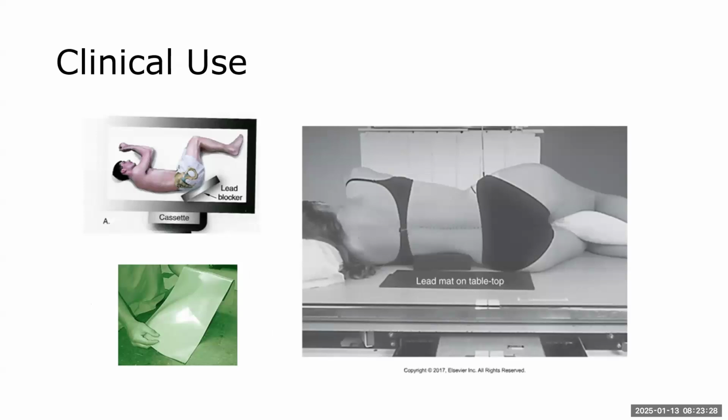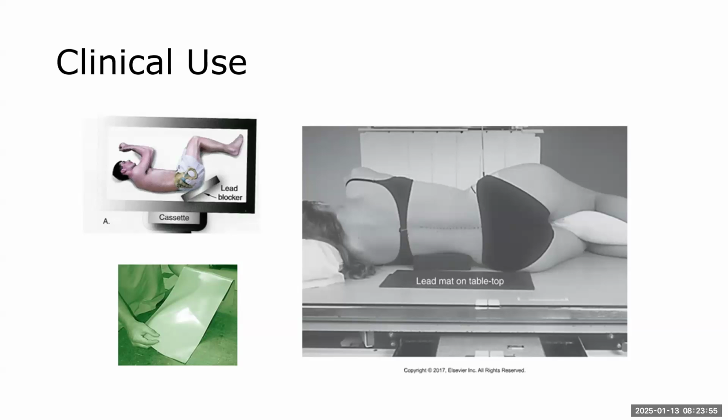If you're doing a lateral lumbar or a lateral, especially sacrum coccyx, that is the thickest part of most of us, right? There's going to be a lot of scatter produced because also our kVp is higher, right? When we're talking about lateral spines and laterals through the pelvis, our kVp is higher.